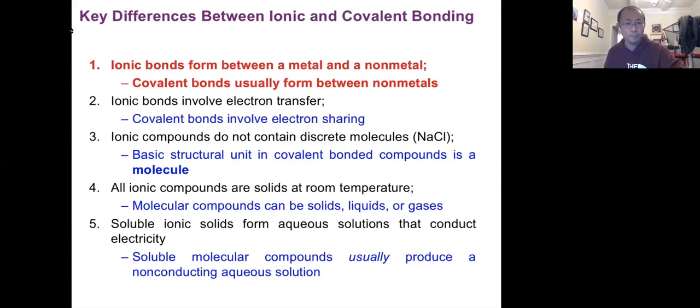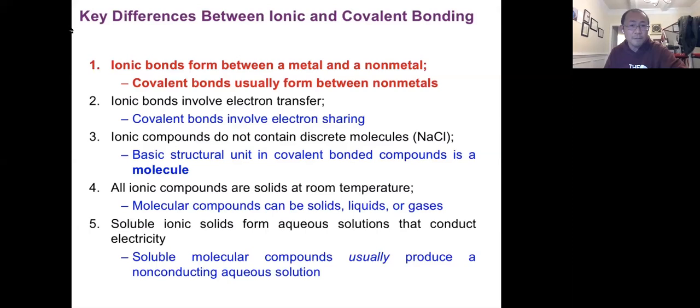It is based on this piece of info. An ionic bond forms between a metal and a non-metal, while a covalent bond usually forms between two or more non-metals. Remember in the periodic table, where is the line between metals and non-metals? You kind of know when you look at elements whether they are metals or non-metals.